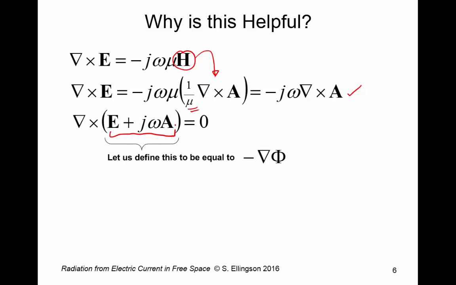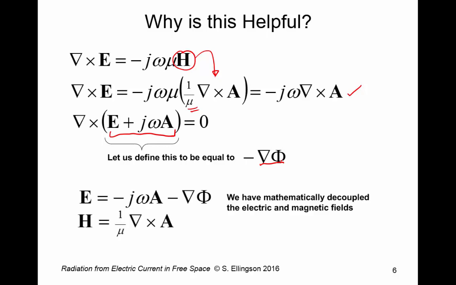What we do is we define this quantity in the parentheses to be equal to some quantity, and we'll say that that quantity is equal to minus the gradient of capital phi. Now, the reason we do that might not be apparent right away, but it'll become apparent in a moment.